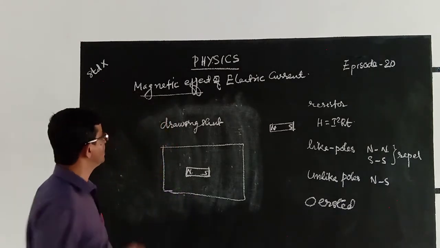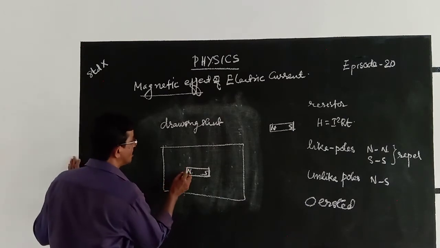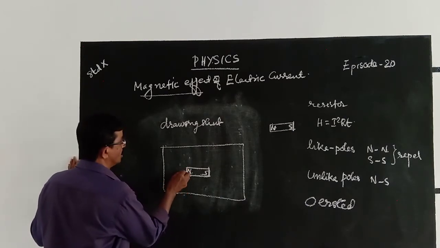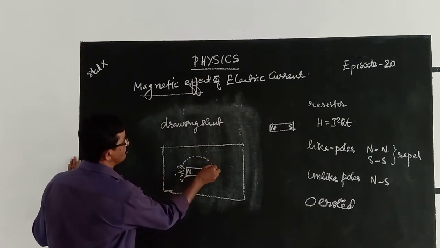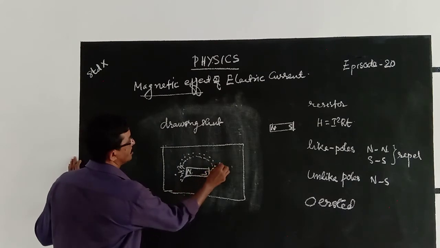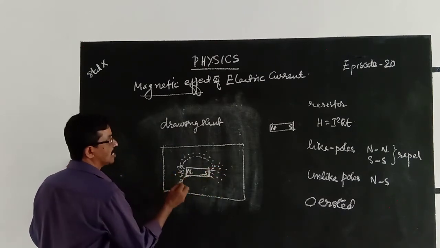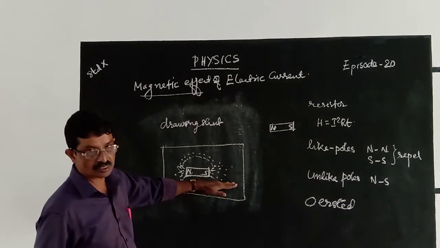Then you can see these iron filings get arranged themselves in a particular manner. Near the poles, these iron filings are arranged more.